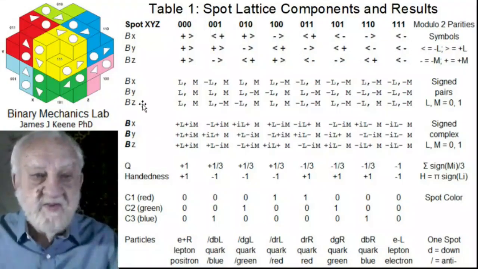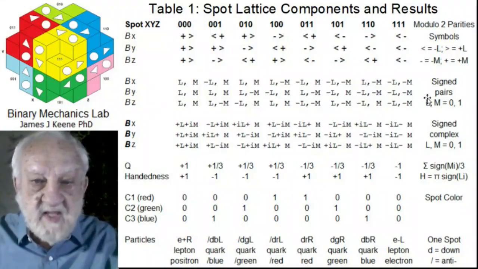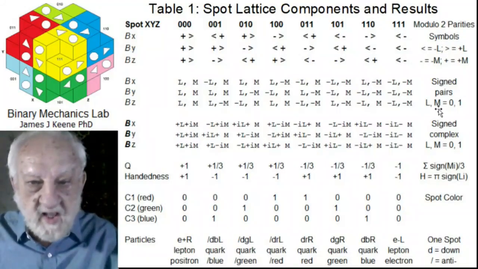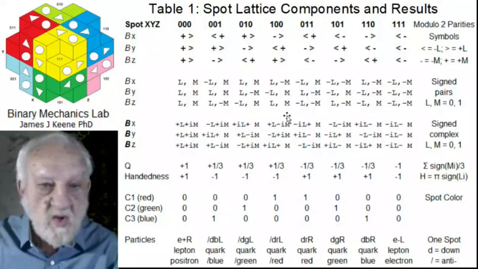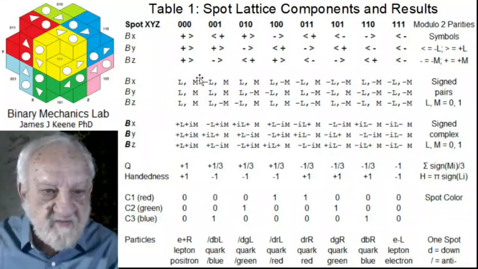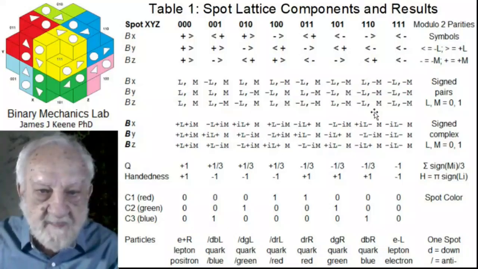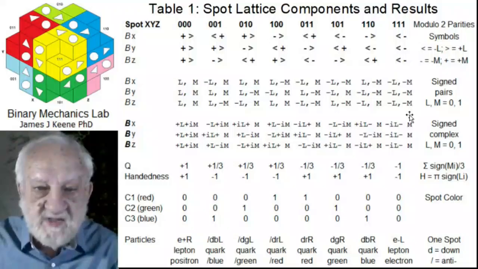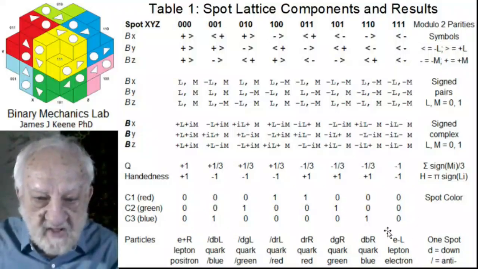Now we can show the same thing with signed pairs, where M or L equals 0 or 1, and these 0 or 1 states can be shown to have a unique configuration in the 3 spot units in each spot or each elementary particle. For example, when the M is -1, we have a lepton known as the electron.